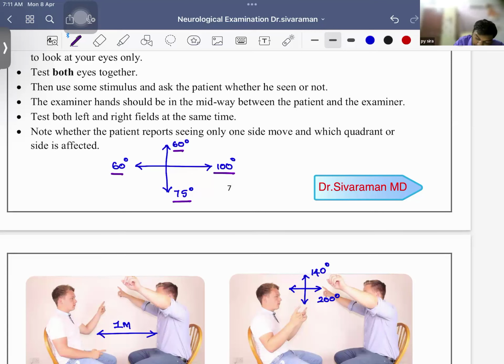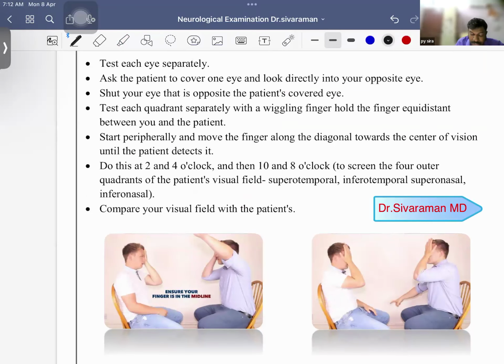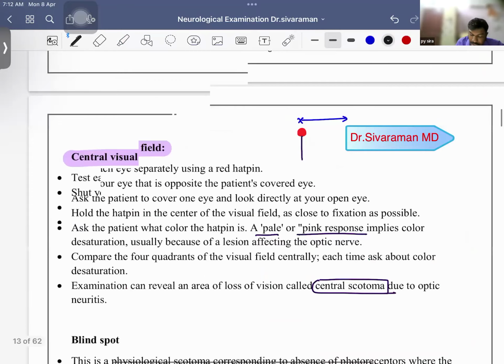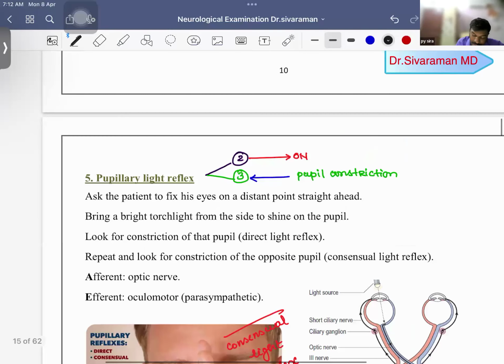Based on this, you get a graph like this, which is the field of vision of the person. This is very, very important. You can manage this, I think, because you have finished your ophthalmology.